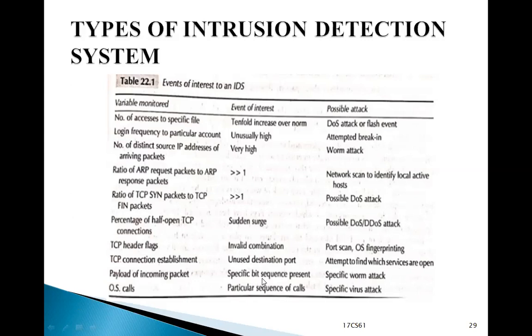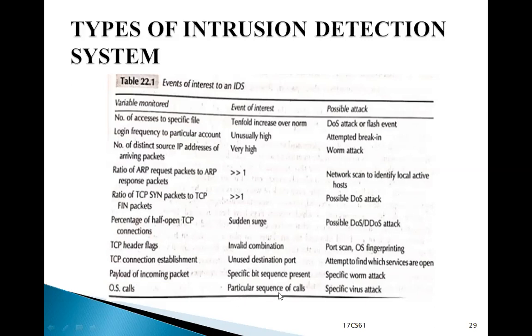If it has a specific bit sequence present, then it's a specific worm attack. As I told, like a worm attack, but very specific to a particular worm attack here.